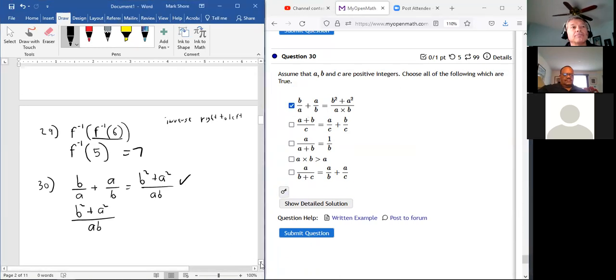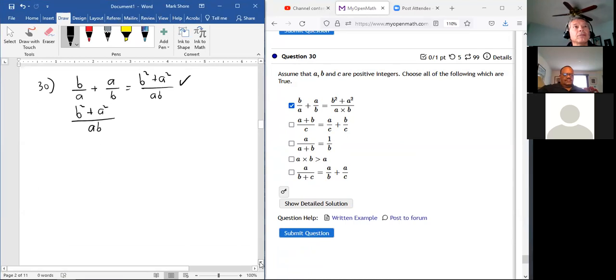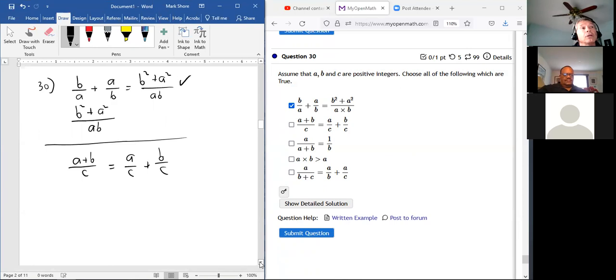Let's check the second one. So the second one is A plus B over C. Does that equal A over C plus B over C? Well, when you have a common denominator, which this is, you can put the two things together.